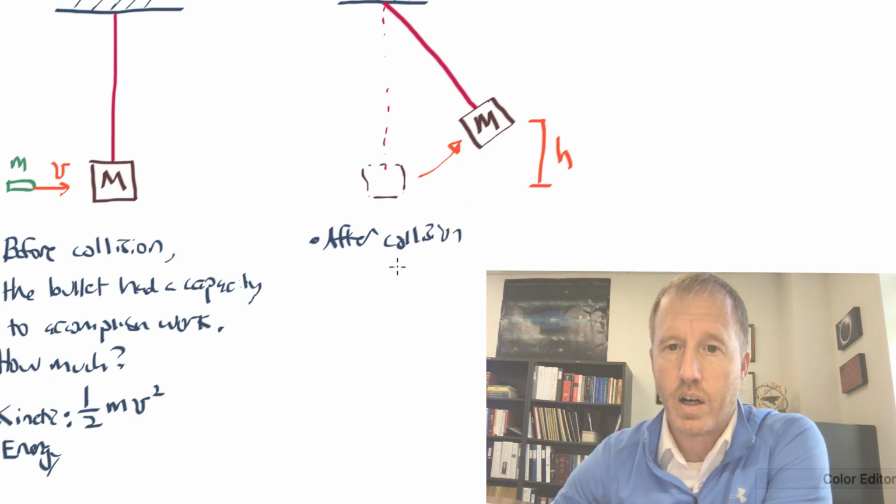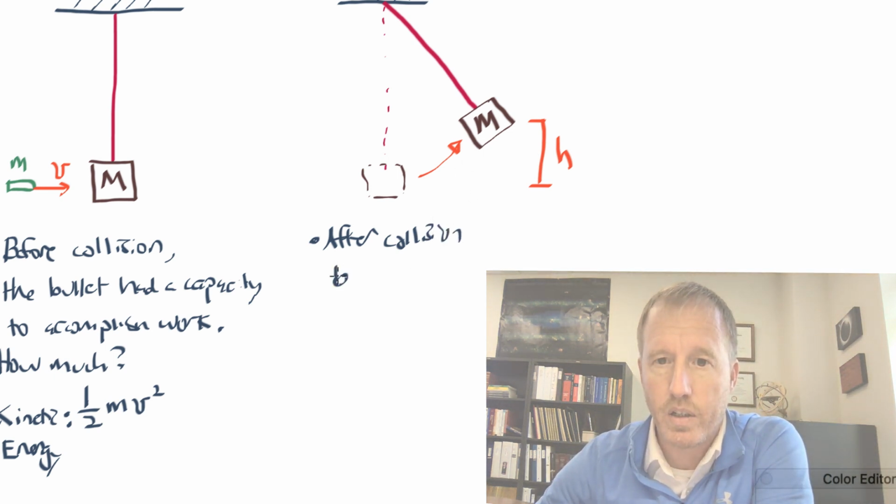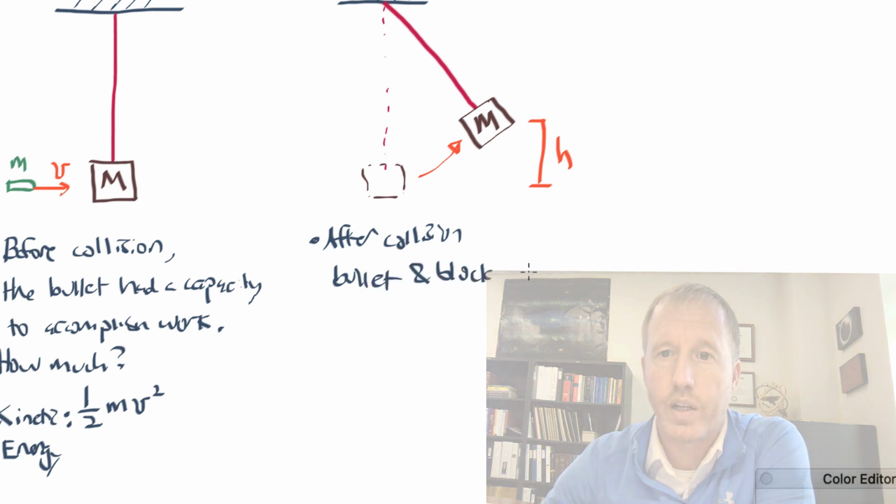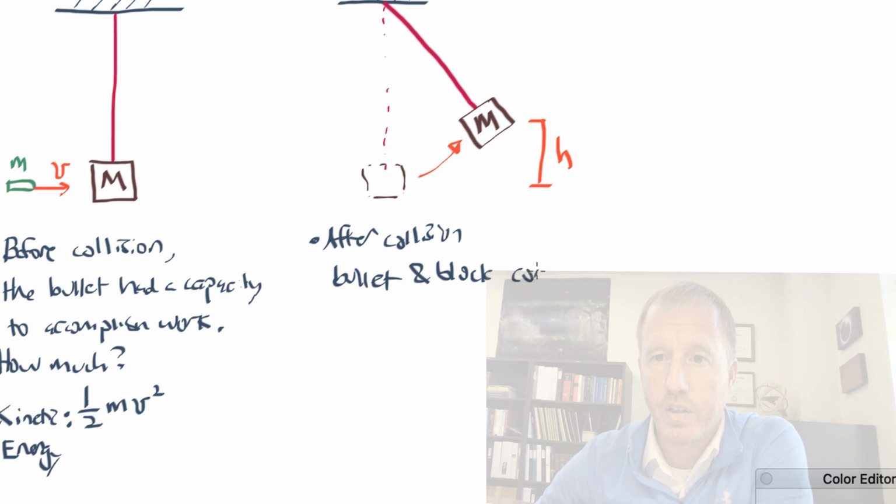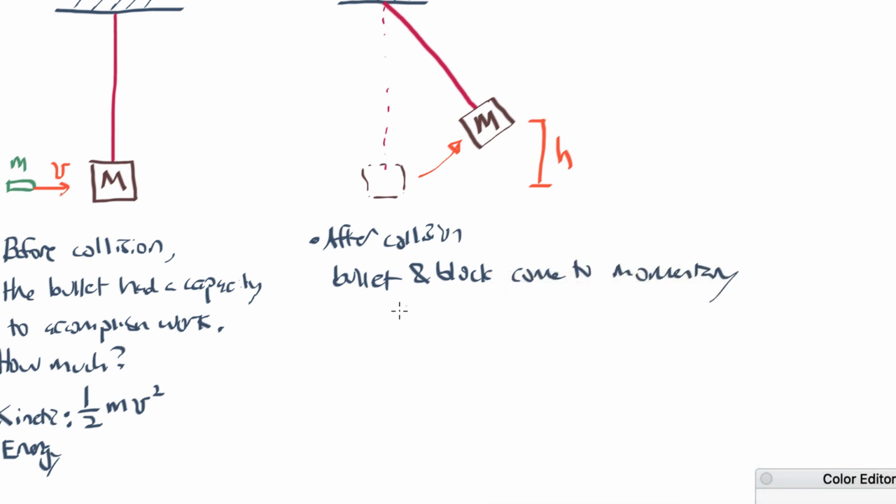The mass of the bullet and the block eventually come to a state of momentary rest at a height h. Of course, they're going to swing back downwards after that, but they're elevated by a height h.